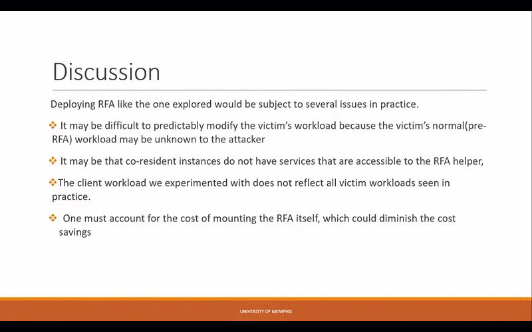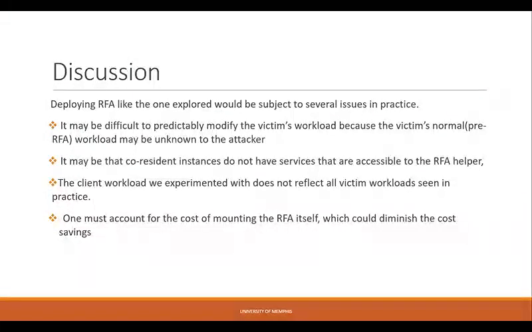Also, it may be that the correspondent instance does not have services that are accessible to RFA. You need to access the victim, right? But what if your victim does not provide any public service like a web service? You cannot implement this unless you use some other attack, like trying to access the disk instead of the network, because it's not publicly available.